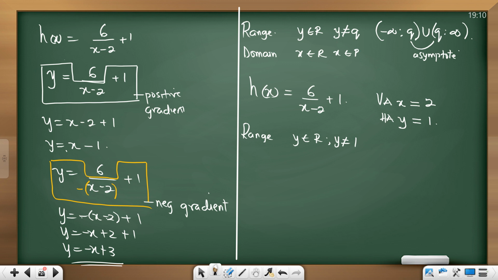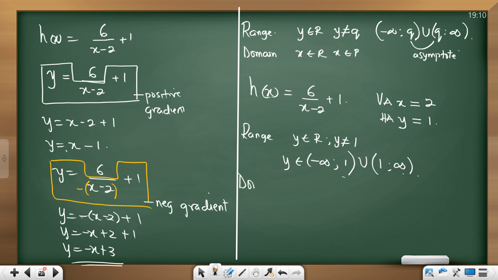And how can I write this again? Y is an element of negative infinity to 1, curved bracket, union, 1 to positive infinity. So you are seeing all values from negative infinity to positive infinity except 1. So examiners, you'll find this in a question, and they expect you to know that the asymptote there is 1.